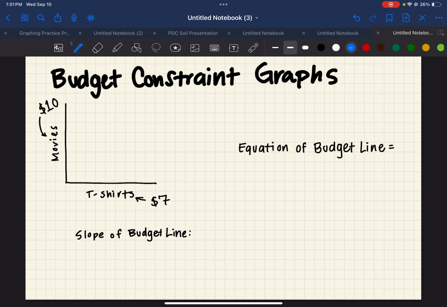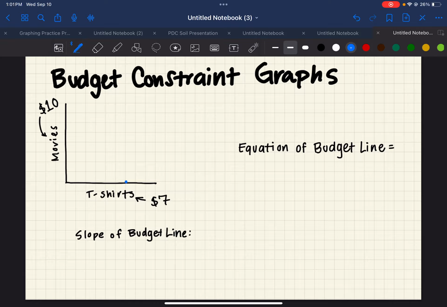If we have a budget of $42 to spend on these two goods, how many of these two goods could we consume? So if we went to see no movies, we could buy 6 t-shirts, right? Because 42, which is our budget, divided by 7 is 6. So no movies, we get 6 t-shirts.